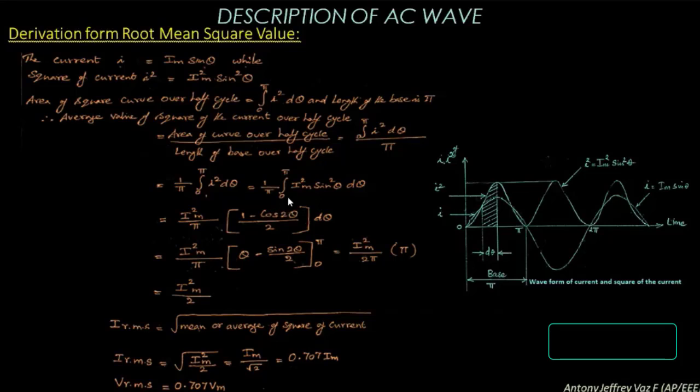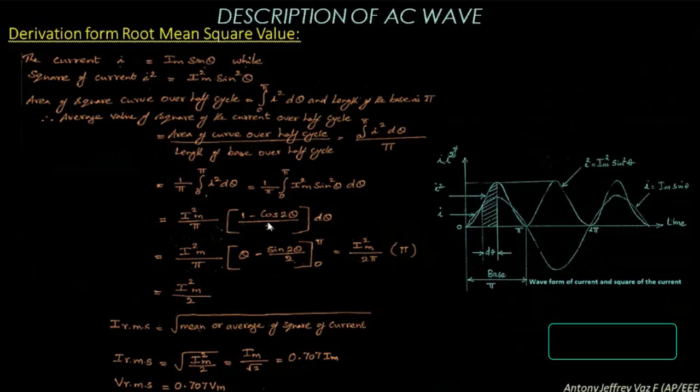Next, Im square is a constant, so you can take Im square outside. So we will be getting Im square by pi, integration of 0 to pi sine square theta d theta. We can apply the formula for sine square theta, which is nothing but 1 minus cos 2 theta divided by 2.